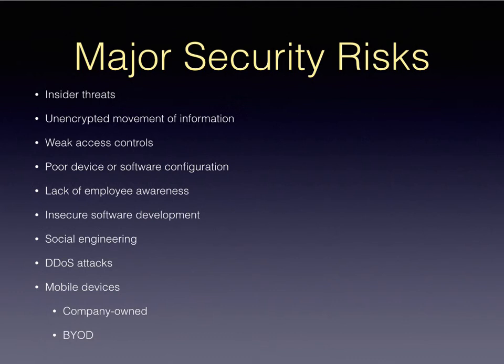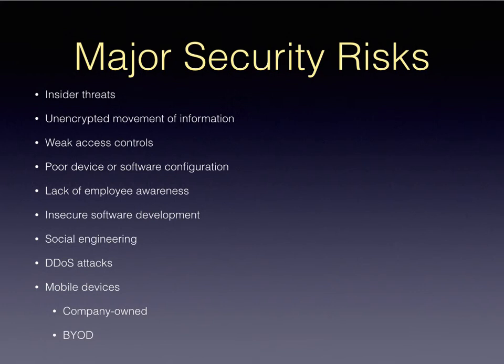Poor device or software configuration. Have we shut down all unused services on our servers and our user devices? Do we allow any open ports? Do we allow anything in our attack surface for the system that isn't absolutely necessary for business operation?